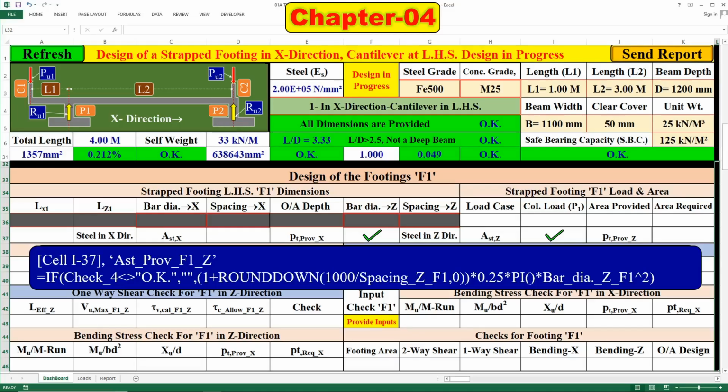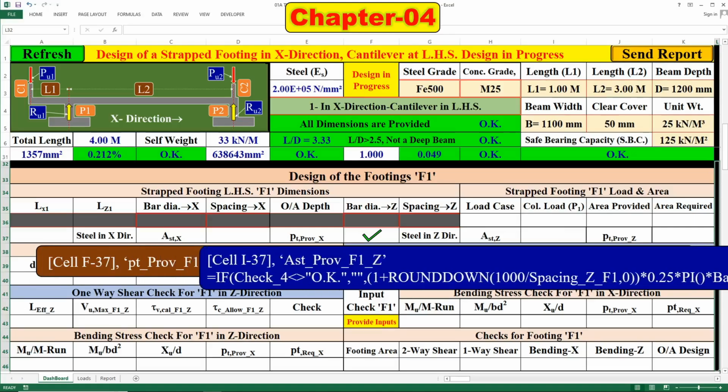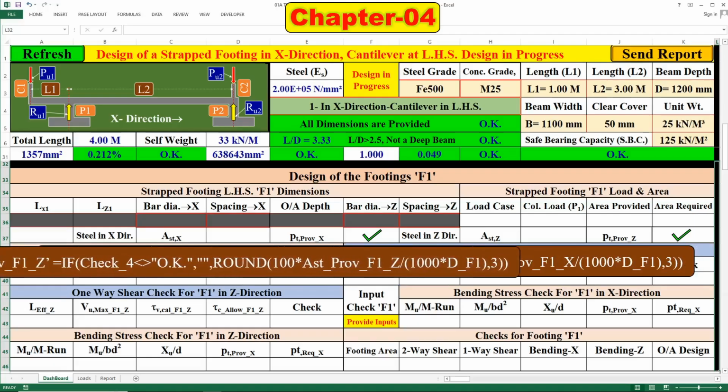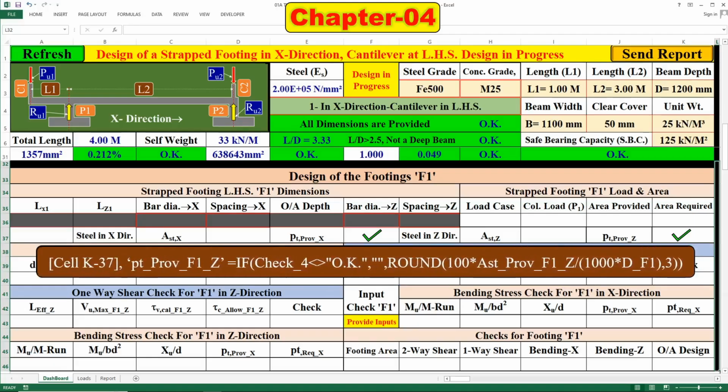The only differences are, instead of spacing_X_F1, it will be spacing_Z_F1, and instead of bar_dia_X_F1, here it will be bar_dia_Z_F1.